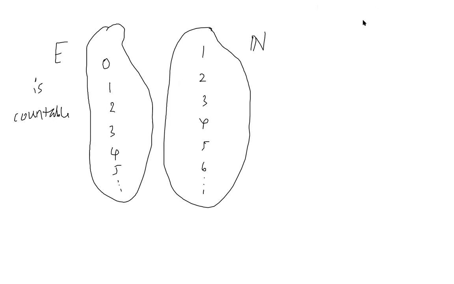X minus 1. Sorry? Just mention how you would actually map the numbers from N to E. That's one by one, and then every number in E here will have a partner from N. You can actually solve this by a verbal description. Anybody wants to just give that?